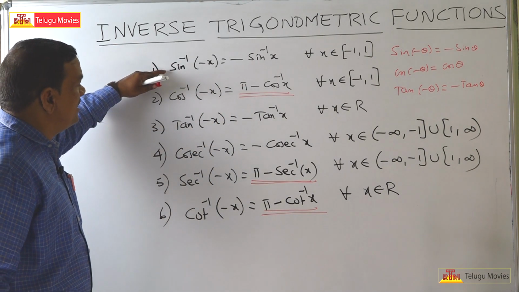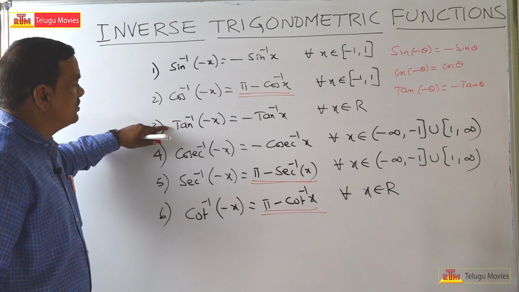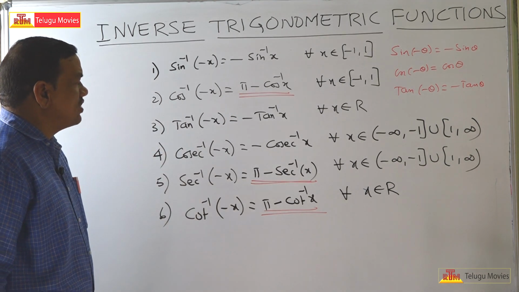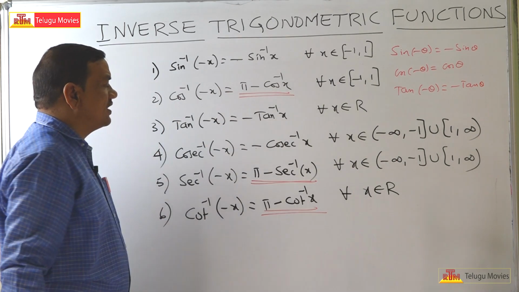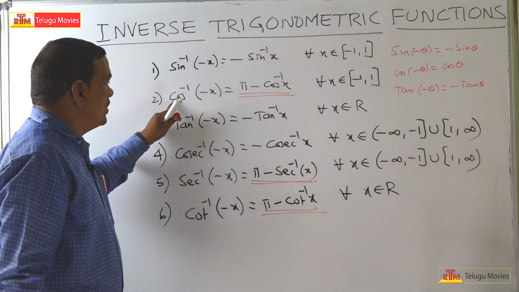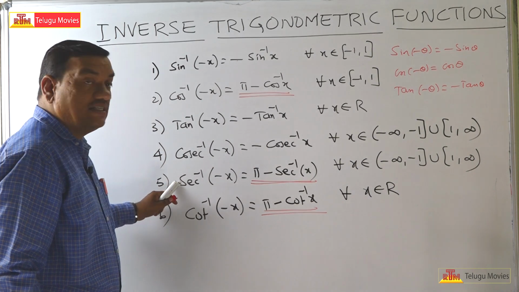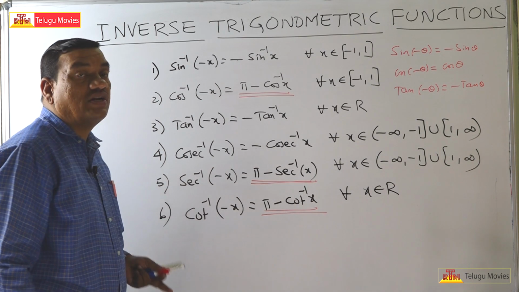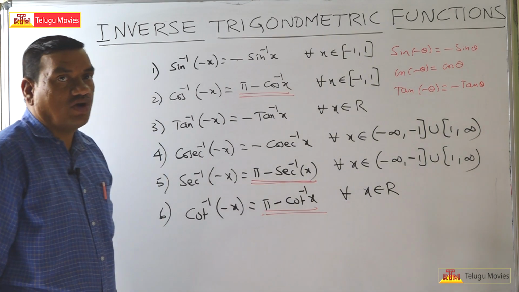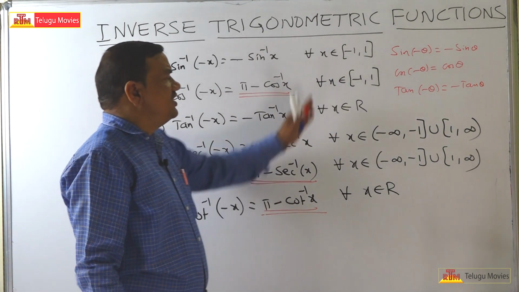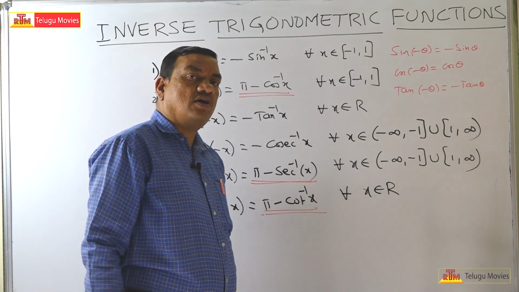Only for sin inverse of minus x, tan inverse of minus x, cosecant inverse of minus x will the minus sign come out. But for cos inverse of minus x, secant inverse of minus x and cot inverse of minus x, you will get pi minus the inverse function of x.